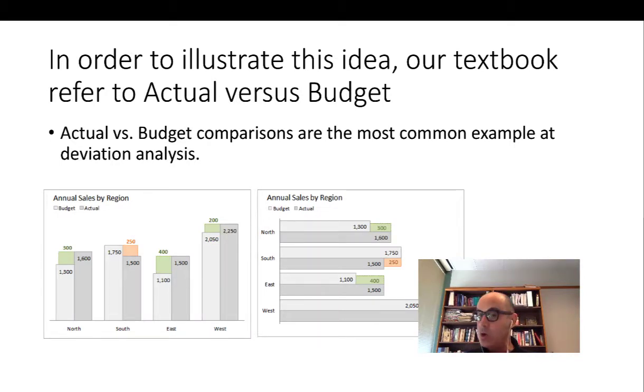In order to illustrate this idea, he refers to actual versus budget, and he makes a comparison that this is a good case to show the actual sales versus the regional sales. On the left side, he used the same layout and colored the difference. On the right side, he laid out the bars in order for us to show that.